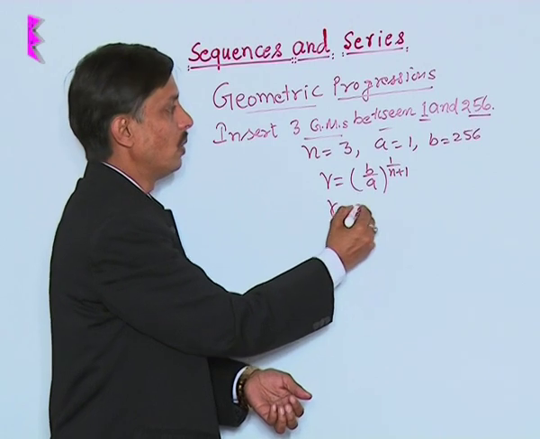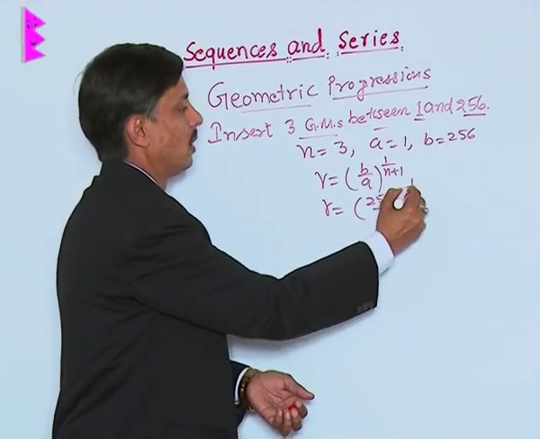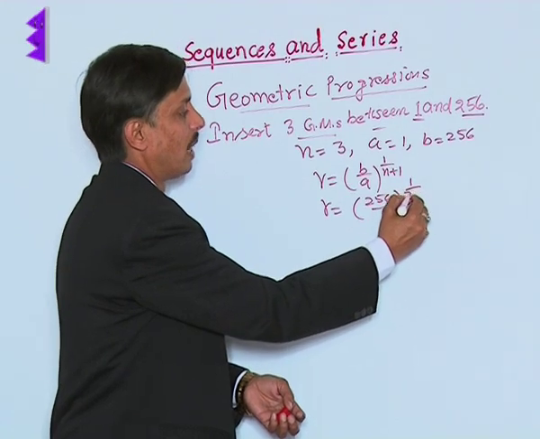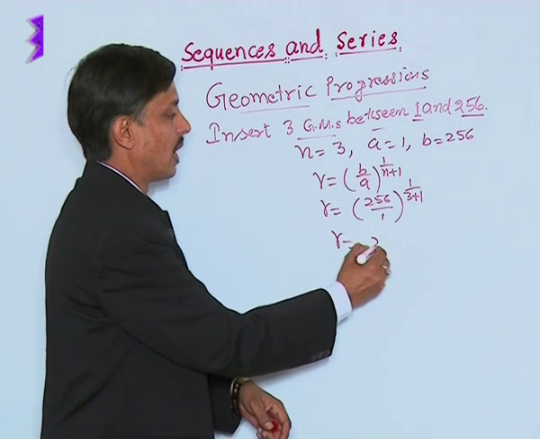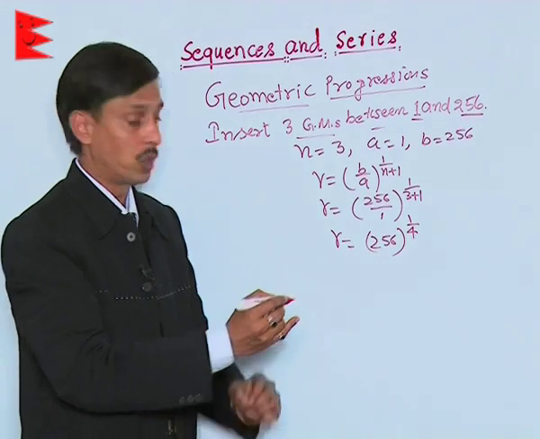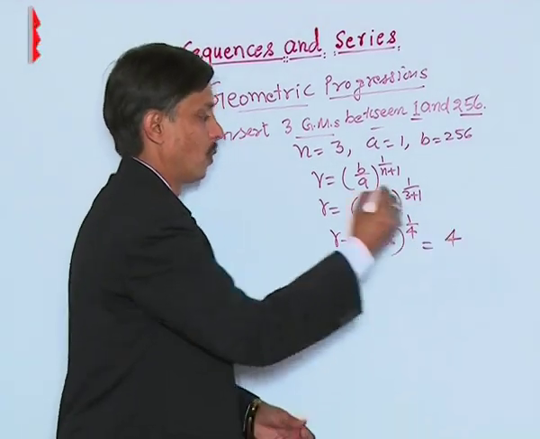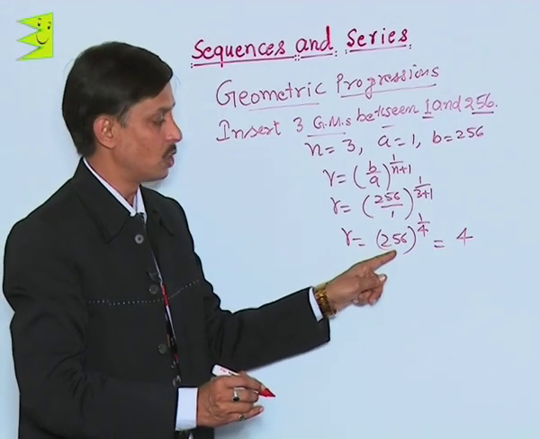B is 256, A is 1, and 1 upon n plus 1 means 1 upon 4. So R is the 4th root of 256, that is 4, because 4 into 4 into 4 into 4, four times, gives us 256.